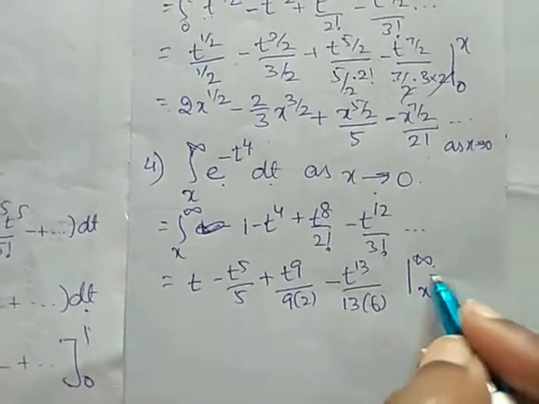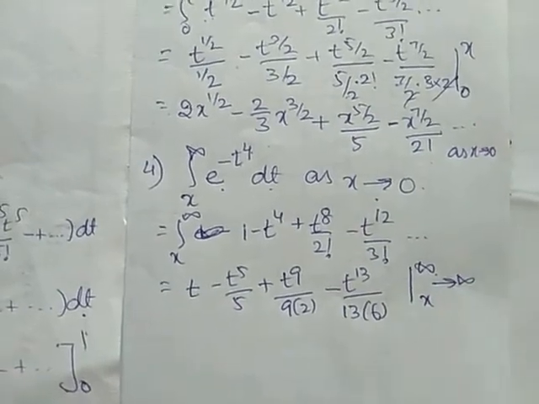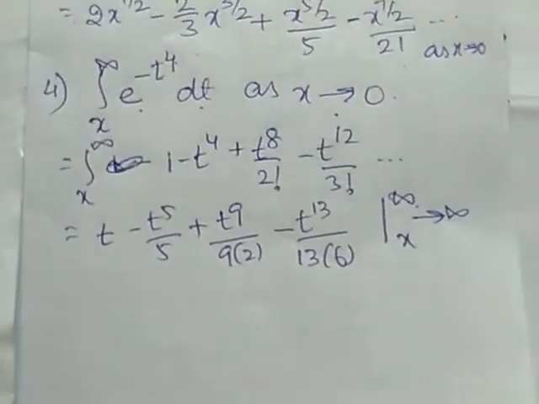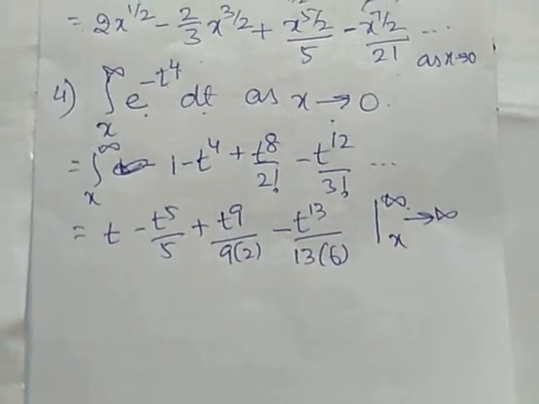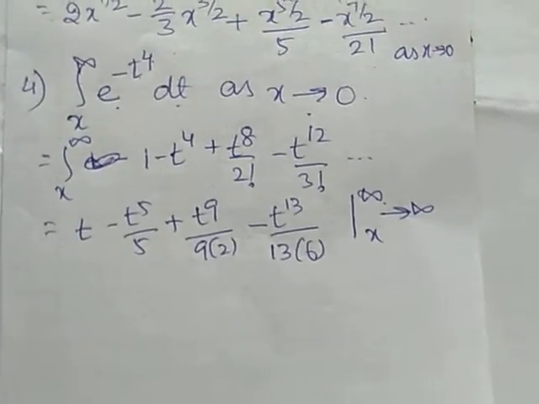This value tends to infinity for all x tending to infinity. So it has become a divergent series.